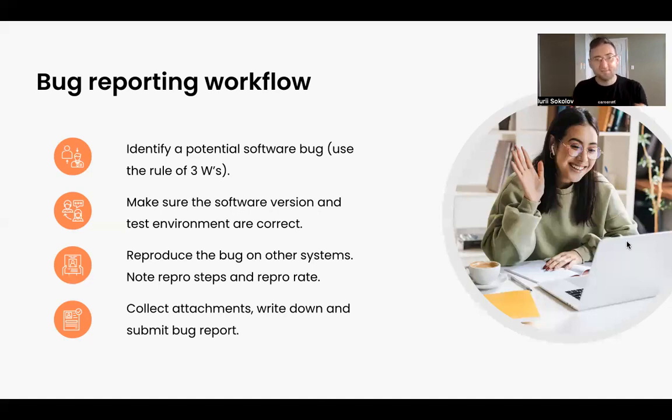Which brings me to the next point. When you see an issue happening, for example, a crash happens when you click on the button and the application crashes, try reproducing it again. And on top of it, reproduce it on other systems. For example, let's say you're testing a website and there's a button, when you click on it, it doesn't work, or it breaks the page or something like that.